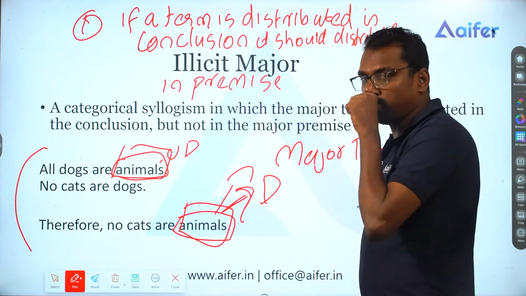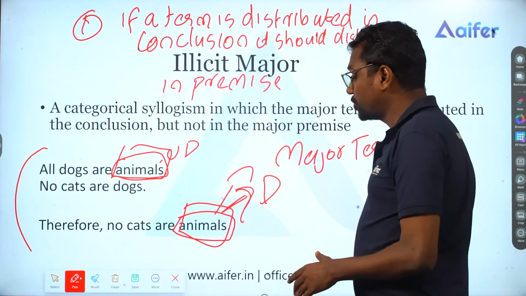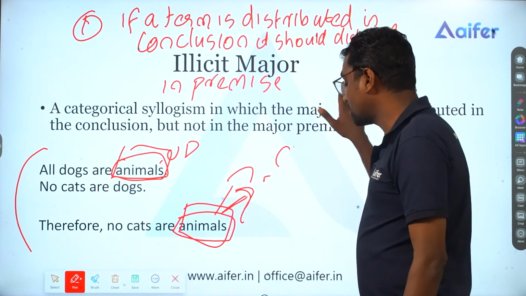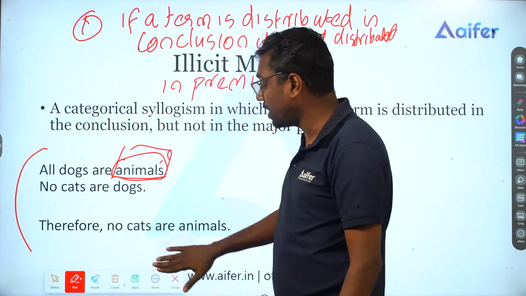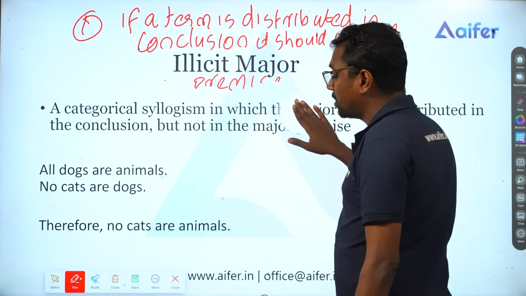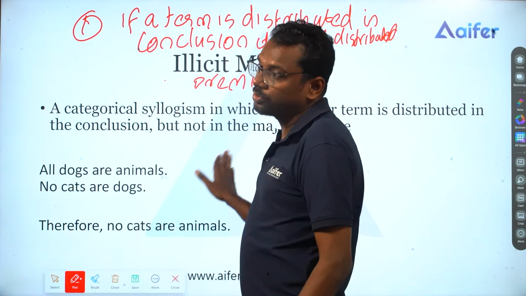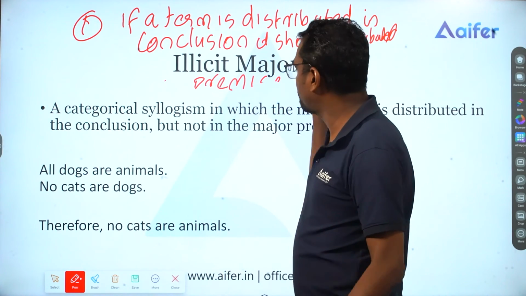So the fallacy of illicit major is a fallacy in which the major term is distributed in the conclusion and undistributed in the premise. I hope it's clear.